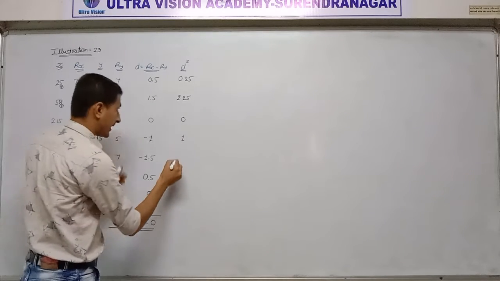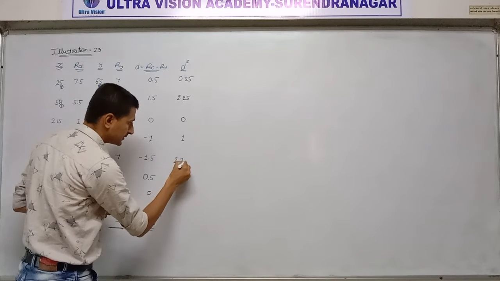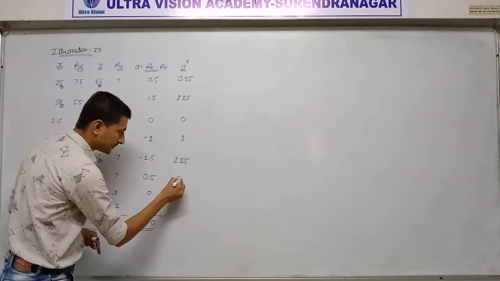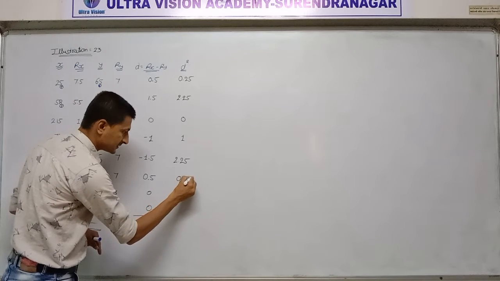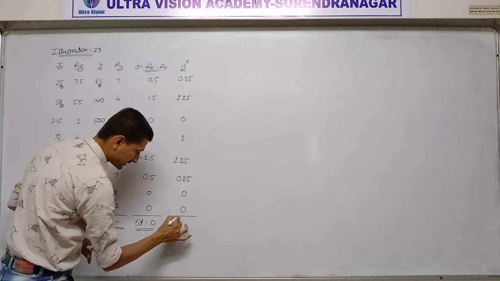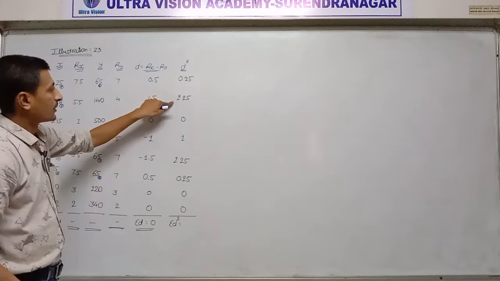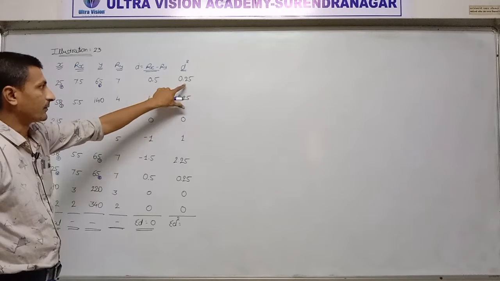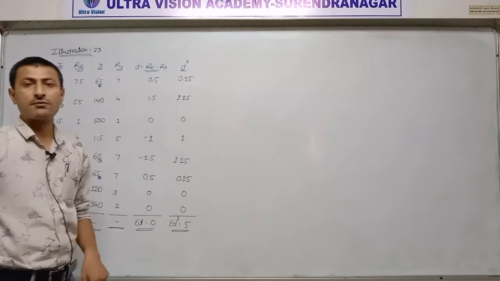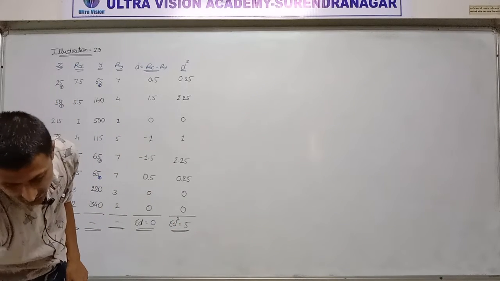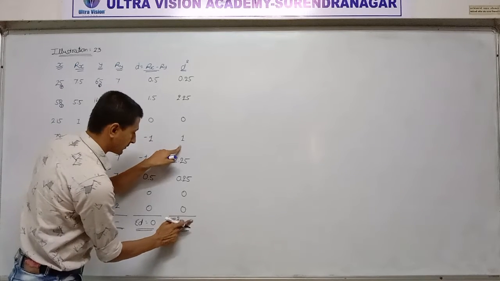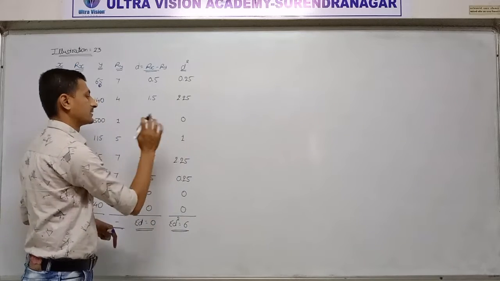Minus 1.5 into minus 1.5, 2.25. 0.5 into 0.5, 0.25. Next, the square is 0. The total is denoted by sigma d square: 2.5, 2.5, 4.5, 4.75 and 5. Sigma d square column total is 5. Now next, 2.5, 2.5, 5 plus 1, 6. Total is 6.